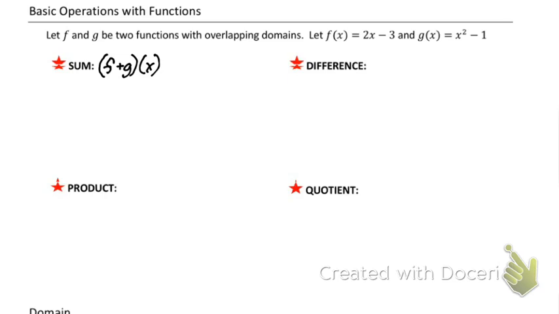So your input for both of them will be x. Another way to look at this is this would simply be f of x plus g of x. So f plus g of x is the same thing as f of x plus g of x. We're just adding our two functions together.